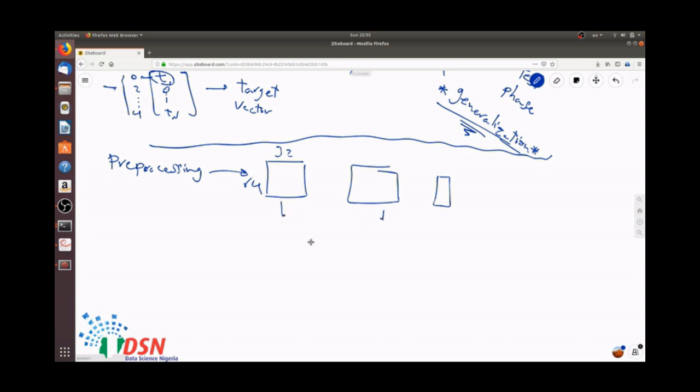We could scale all of them to the same size to have a standardized data set. This reduces the variability of the training data and maybe makes the training of the model easier. We call this preprocessing. We're actually changing the training data in such ways. Or sometimes instead of preprocessing, we call it feature extraction.